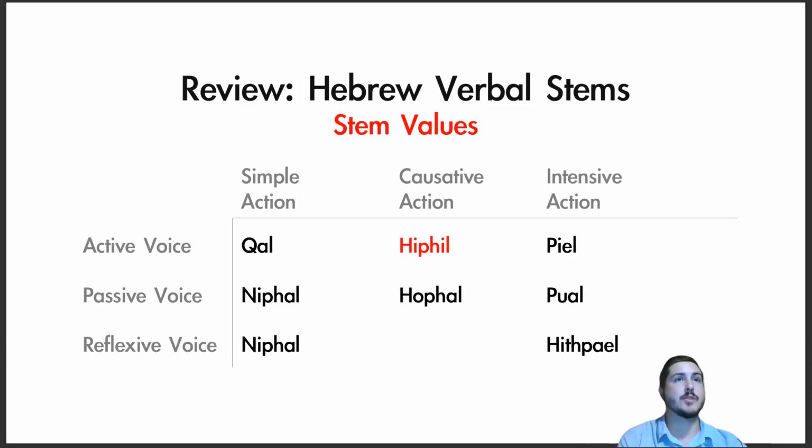Trey caused the ball to be thrown. Most times it'd be something like this: Trey caused Aiden to throw the ball. It's a causative type of thing. A Hofal is a causative action, but it's in the passive voice. And that's what we're going to look at today. Piel, Pual, and Hitpael is what we have left. I don't think Pual is even covered in this book, if I remember right.